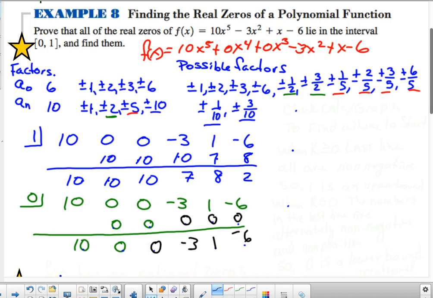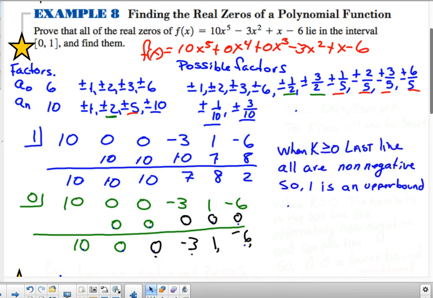Remember that non-negative, non-positive. I start with a positive, but I have a negative or 0. A positive or 0 is next, a negative or 0, a positive or 0, a negative or 0. So I have that alternation on my lower bound, so I can come to the conclusion that those things are going okay. And we're going to check the graphing calculator to find out where we start.